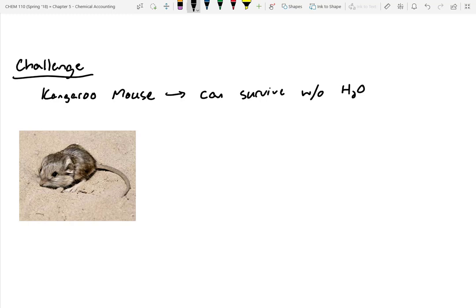Through metabolism, right? When you metabolize glucose, one of the byproducts is actually water. So they just eat a lot of food, and the byproduct of metabolizing that food is water. So let's take a look at the equation for metabolizing glucose. We've got C6H12O6 plus 6 O2s. Sorry, I'm getting my equation messed up.